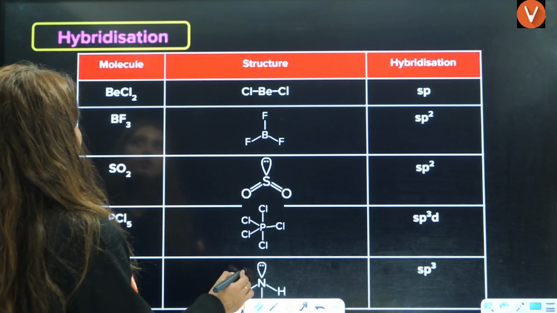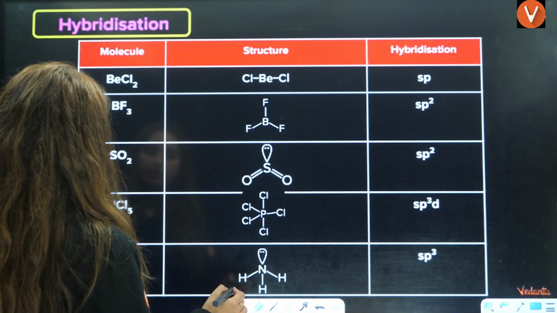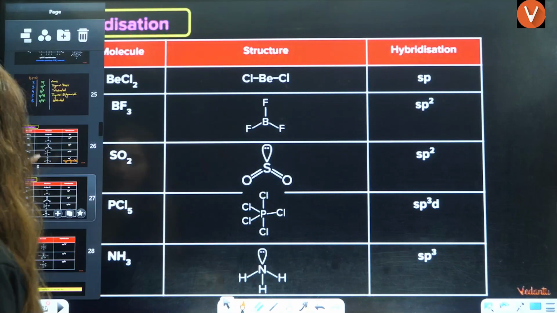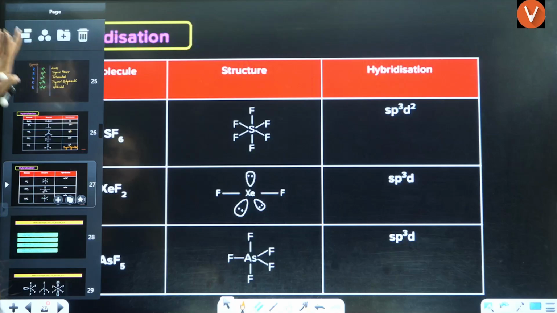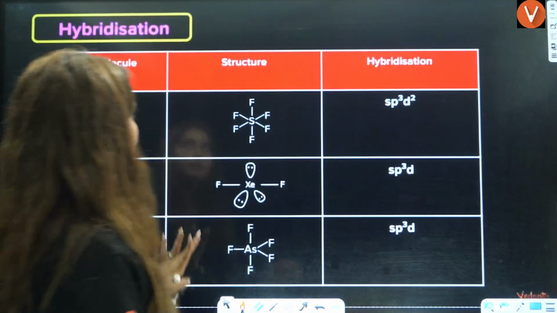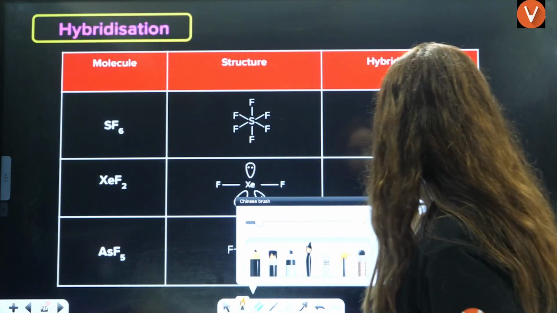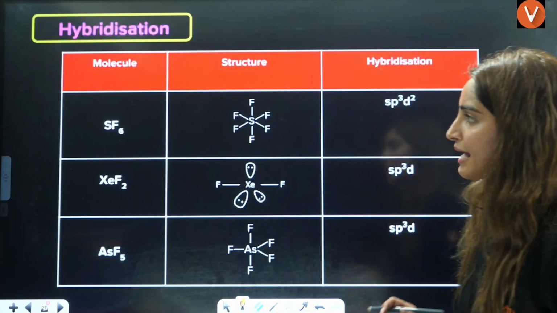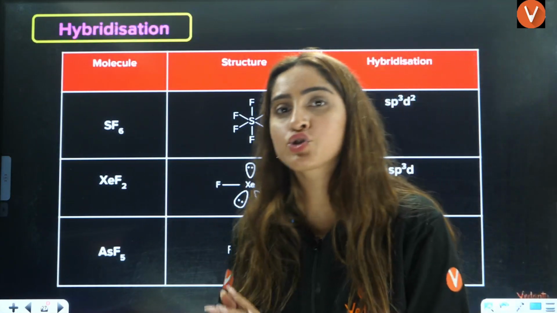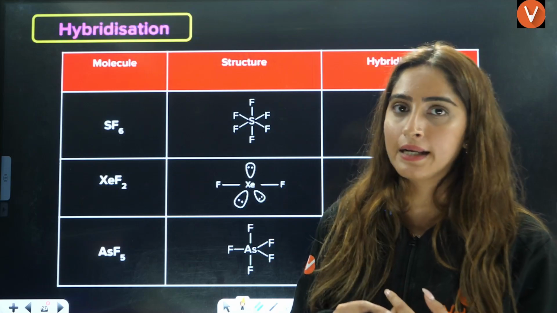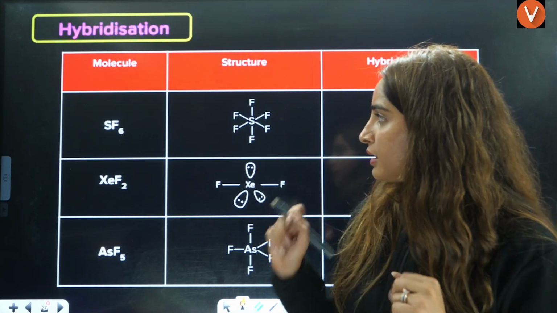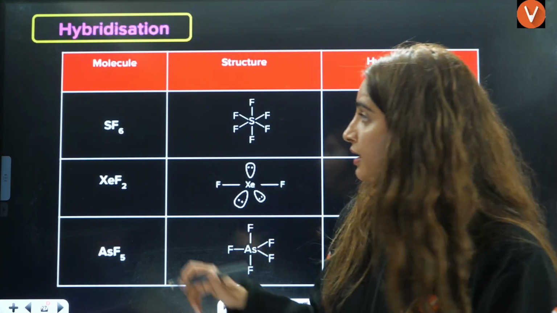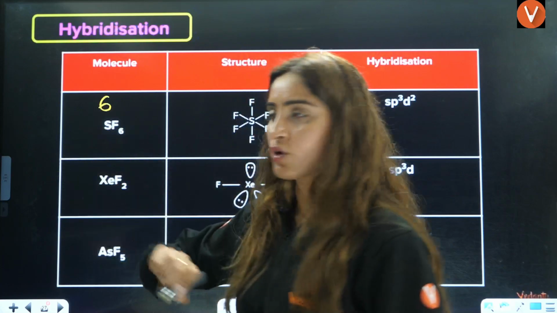Here it is BeCl2. I think this we have done. Okay. Next is SF6. Now in SF6 what do you have? Sulfur belongs to group number 16. 6 outermost electrons.